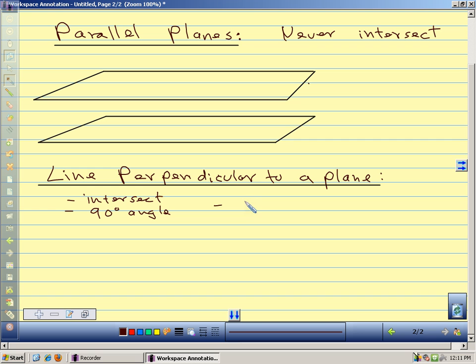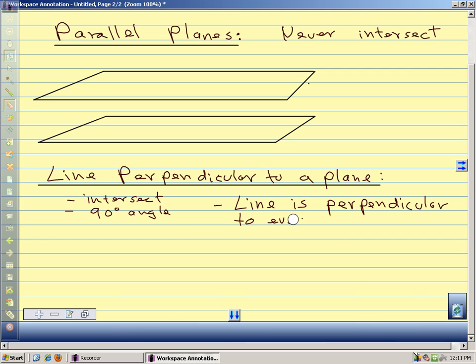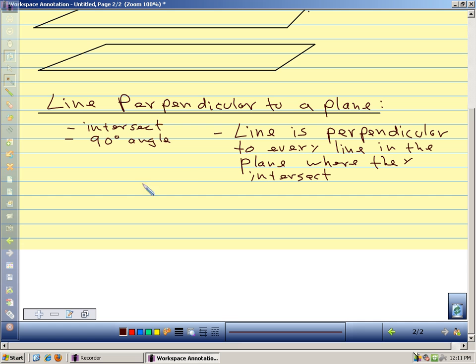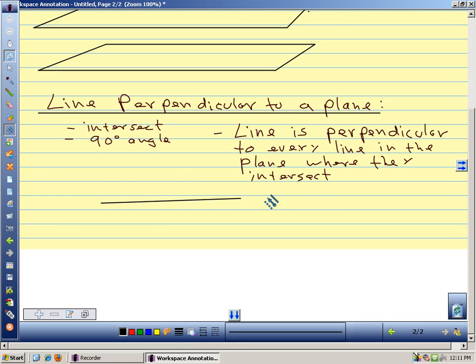It has to be perpendicular to every line in the plane where they intersect. And we'll draw a picture so that it makes a little more sense. So here's our plane.